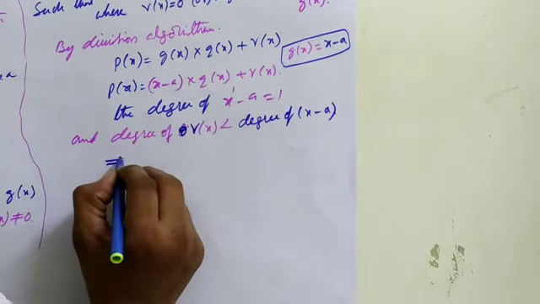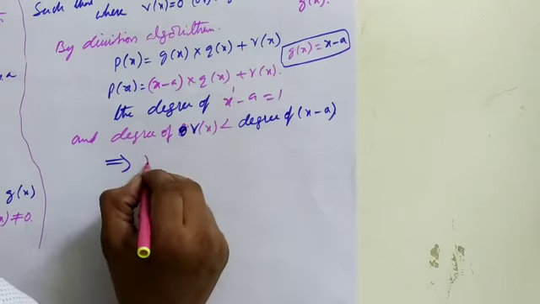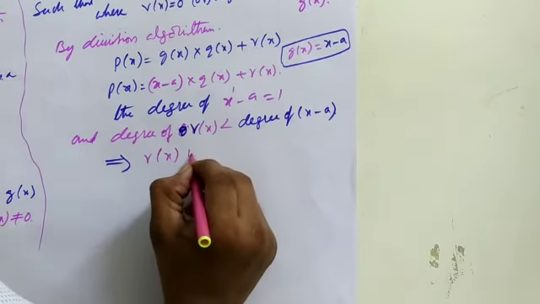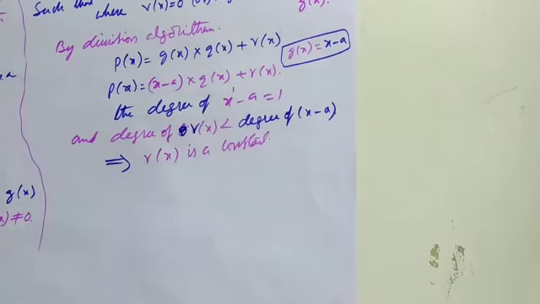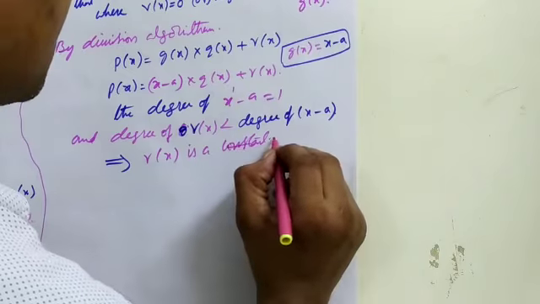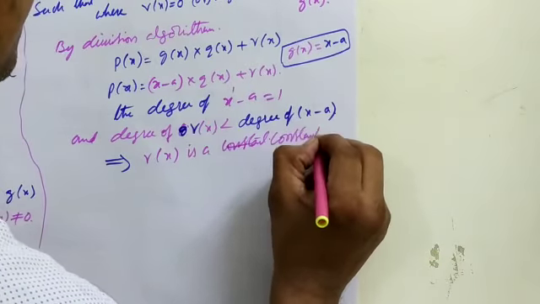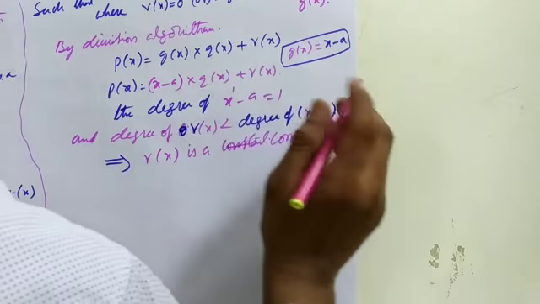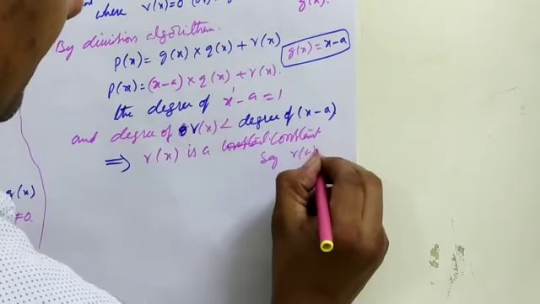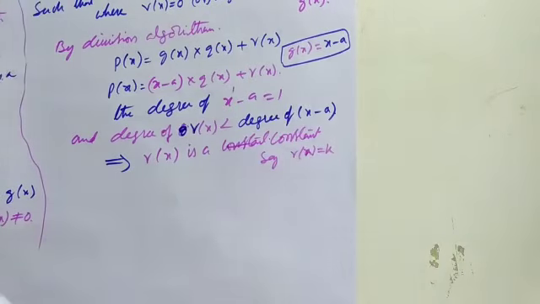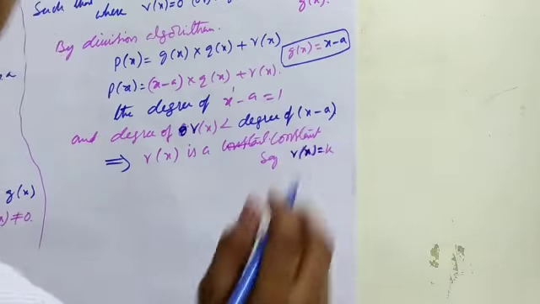That implies r of x is a constant. Say r of x is equal to k.